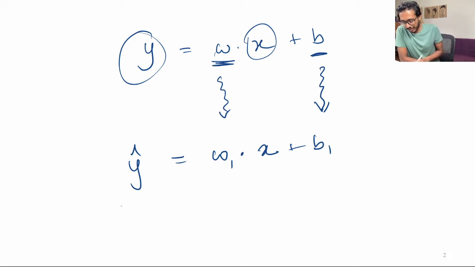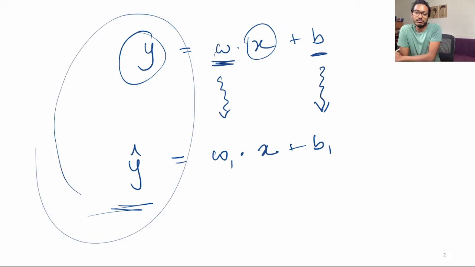Now, we have arrived at our predictions, and how do we know that our prediction is correct? That would depend on the difference between the actual y value and our predicted y, right?